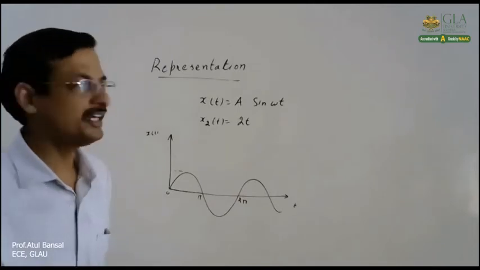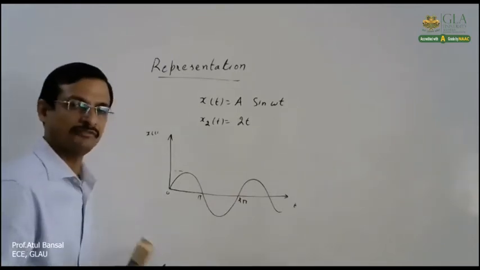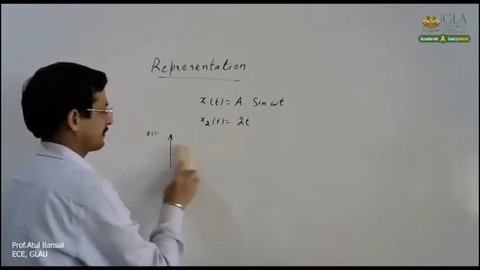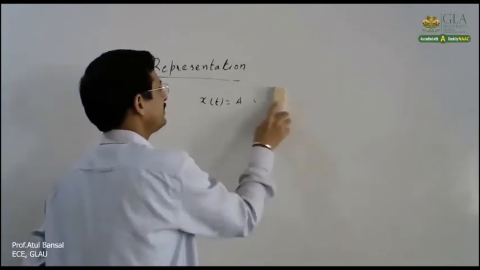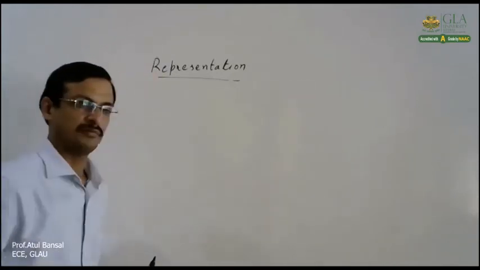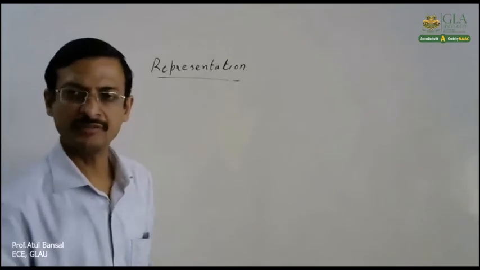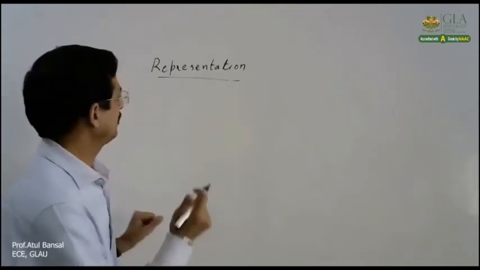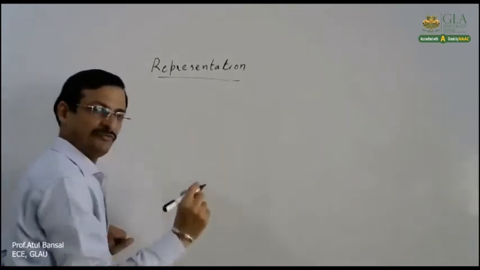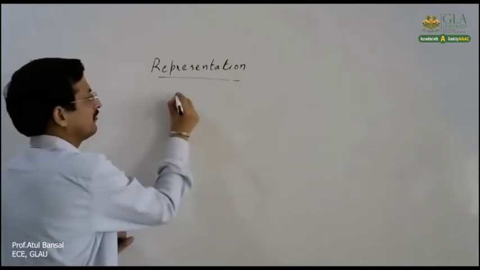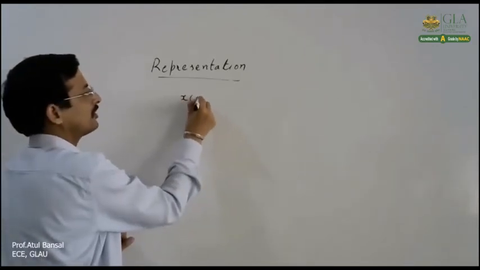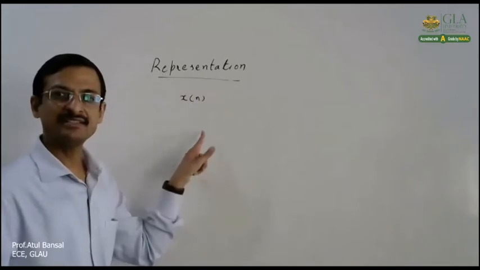Now, for discrete time signal, there are four different ways of representation. Number one is mathematical function like this. Whenever we talk about discrete time signal, we represent it by x of n, where n is an integer.